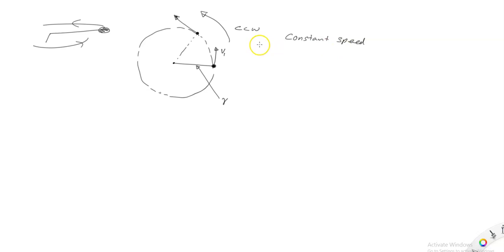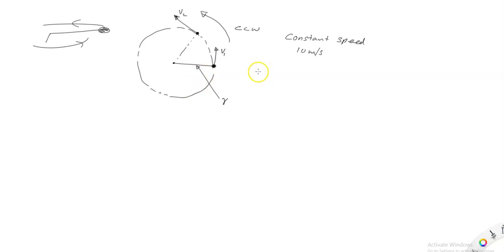There is no change in the speed. The magnitude remains the same. If it is 10 meters per second, it's always 10 meters per second. Here, V1 is 10 meters per second, V2 also 10 meters per second. So let's assume that the magnitude does not change, but the direction changes.